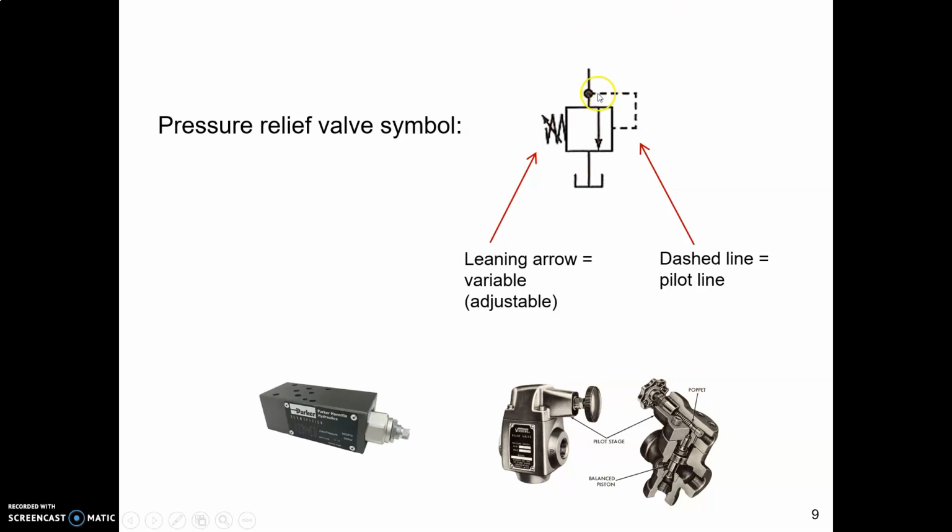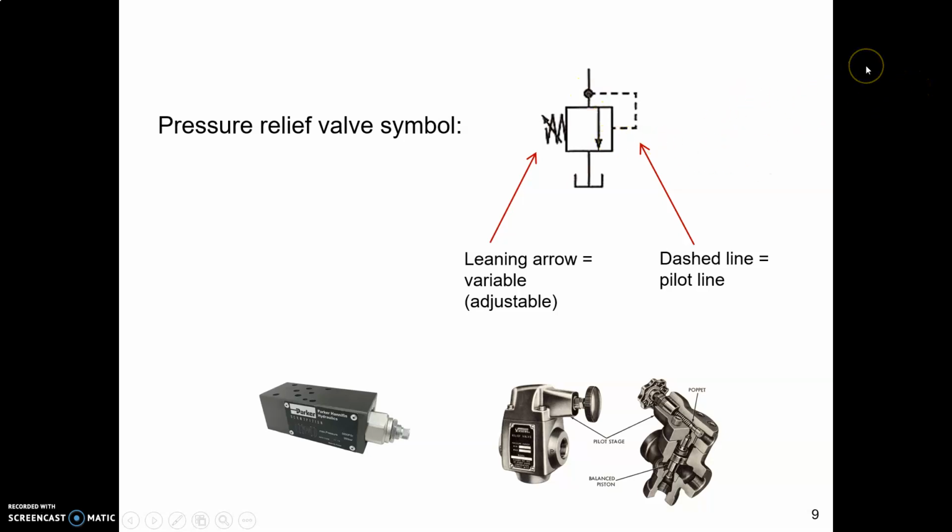Then this dashed line means this is a pilot-operated pressure relief valve, so that's the pilot line where a little bit of oil will come through. This thing at the bottom is the tank, so the pressure relief valve always drains back to tank. Here's a dot that means that's a connection.